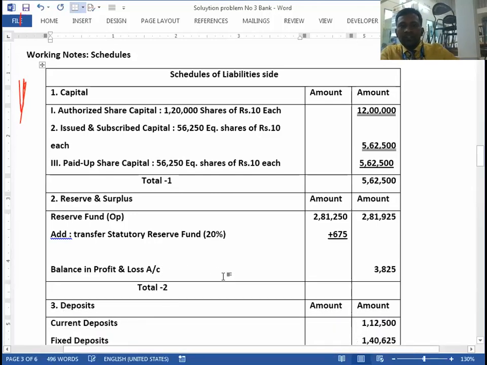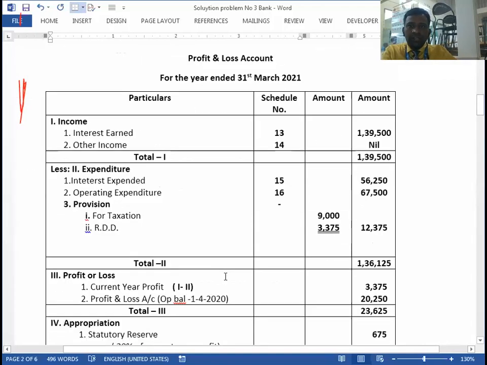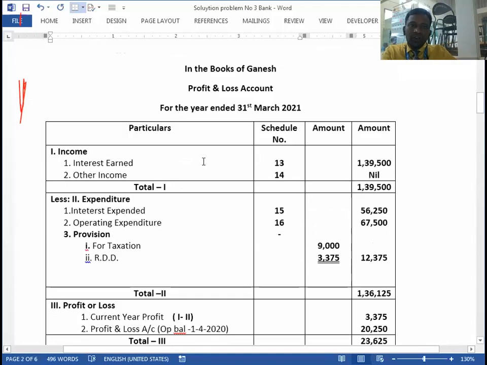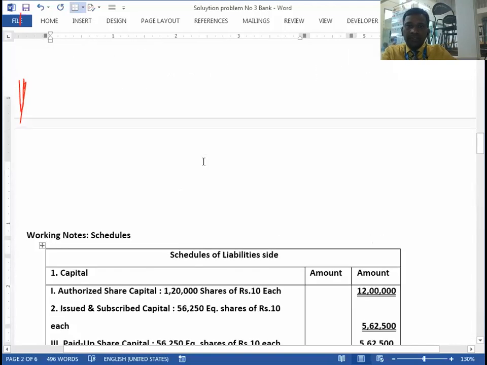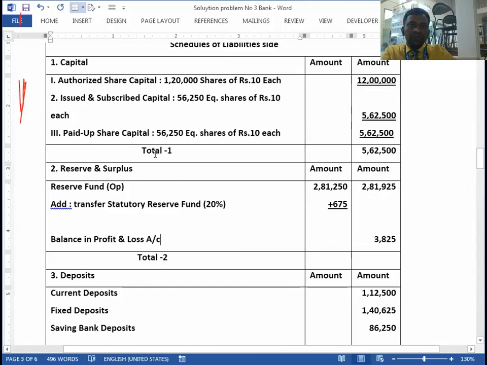Now the profit and loss account is closed, and we need to close all the schedules regarding the balance sheet. So schedule number 1 total is rupees 5,62,500.